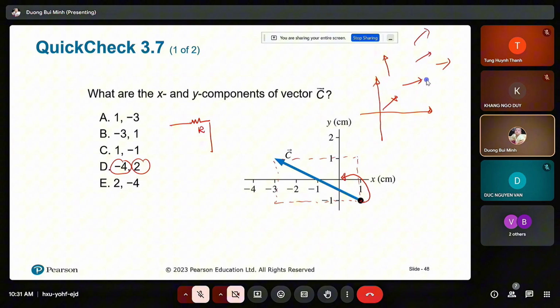VC1 is ZC times I1. Do you read with me? So ZC is 1 over j omega C.